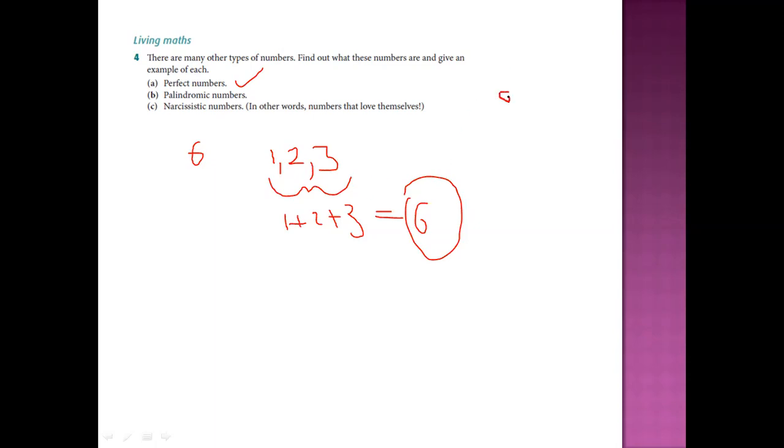If you read 99 in reverse, 99 is exactly 99. Or 101 is a palindromic number. When you read it from here, it is also the same. Okay, 101 and 101. And narcissistic numbers.